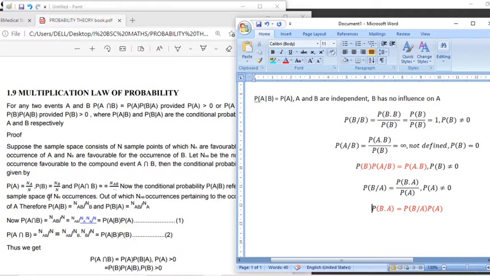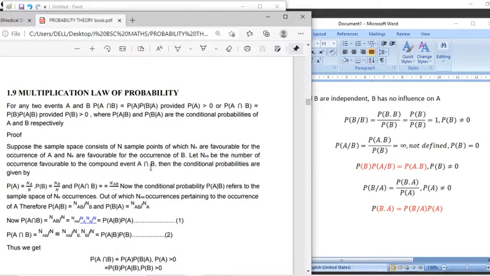A simple proof is given here. You can read this proof.